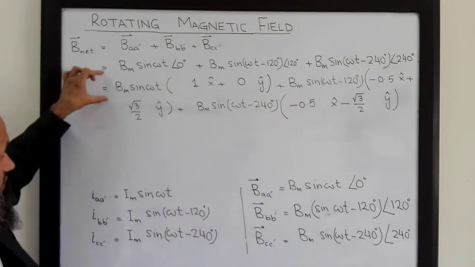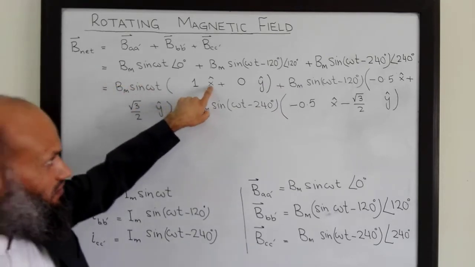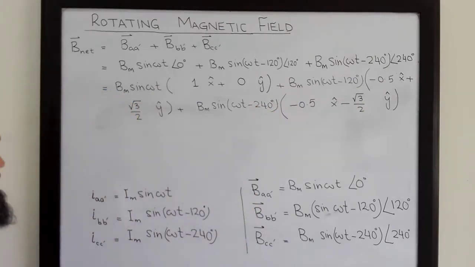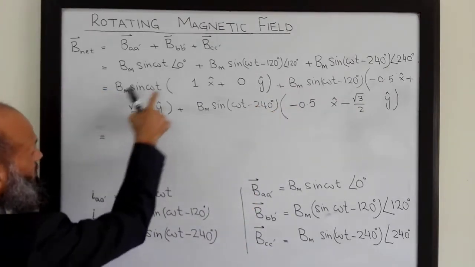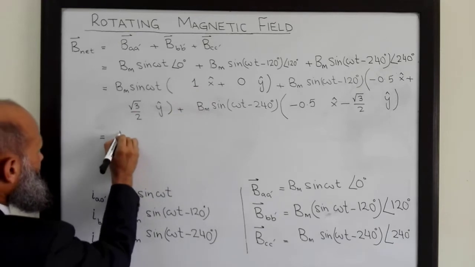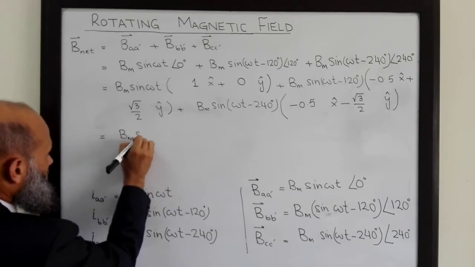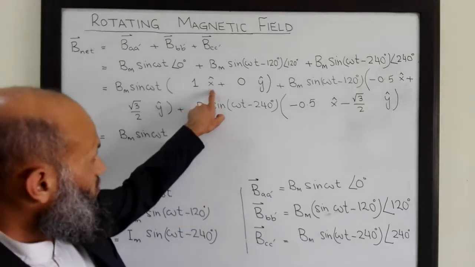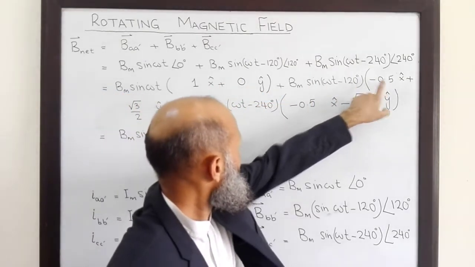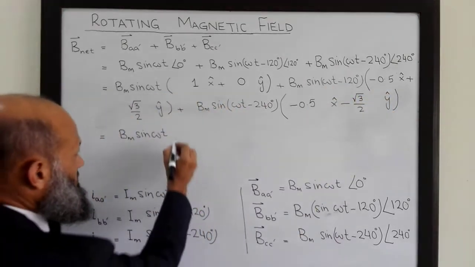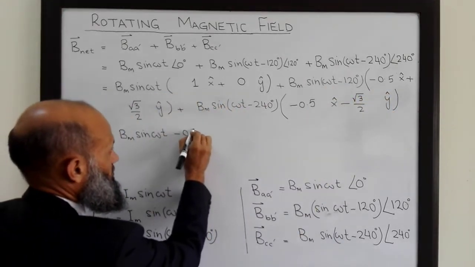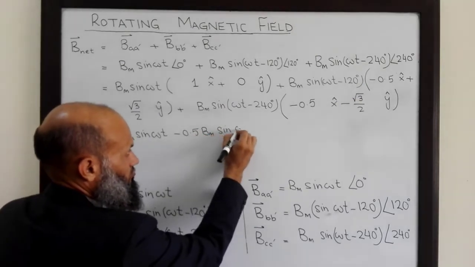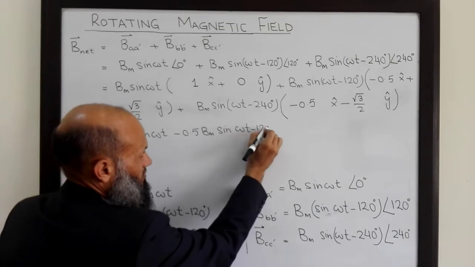To find the resultant vector, we shall add all these horizontal components and all the vertical components separately. So the horizontal component of this vector is Bm sine omega t. Horizontal component of this vector is minus 0.5 Bm sine of omega t minus 120 degrees.